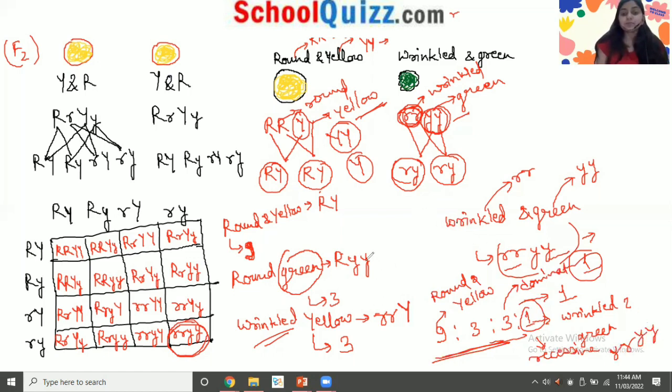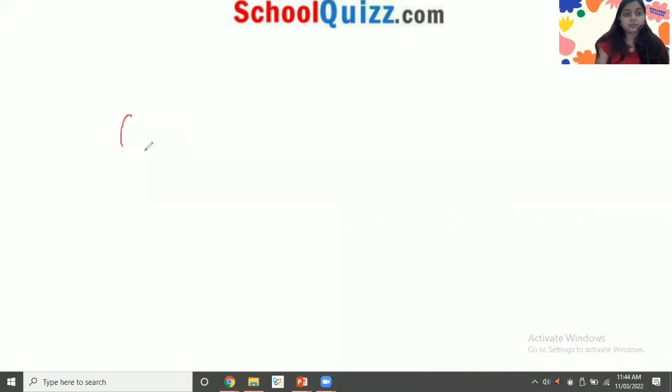Okay, so we have found, let's erase all this. So we have found round and yellow, round and green, wrinkled and yellow, wrinkled and green.